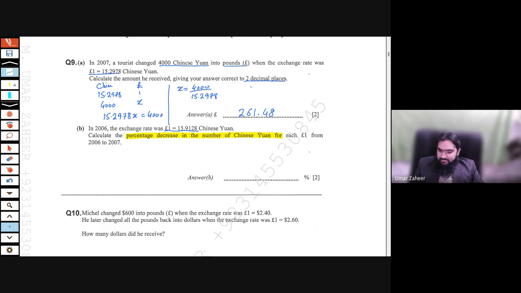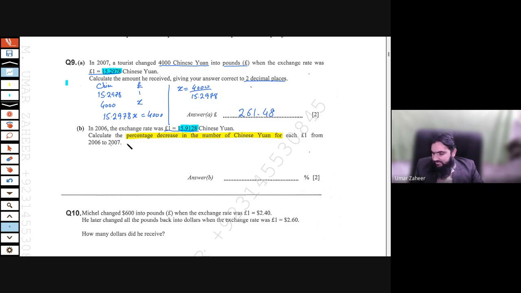These are the values: 1 pound is equal to this one, and 1 pound is equal to this one. And we are moving from 2006 to 2007.